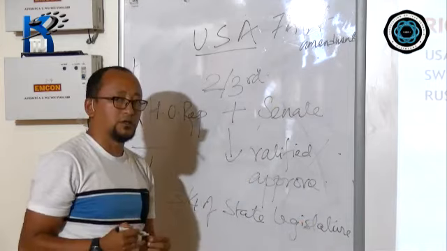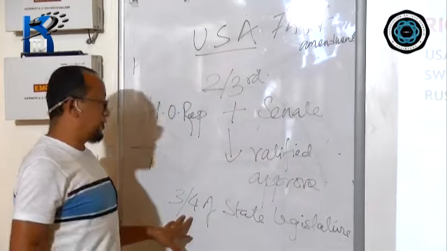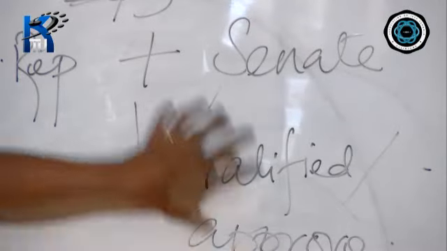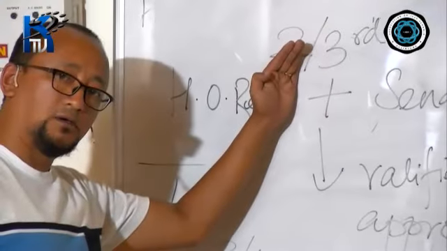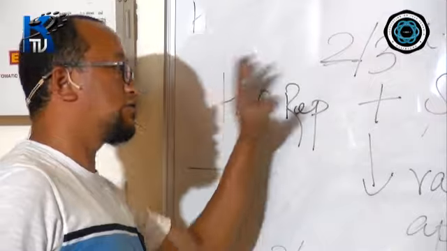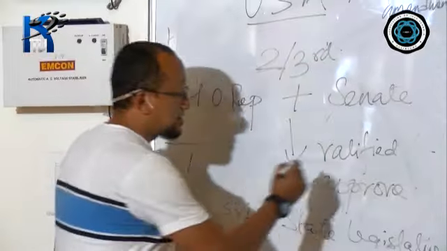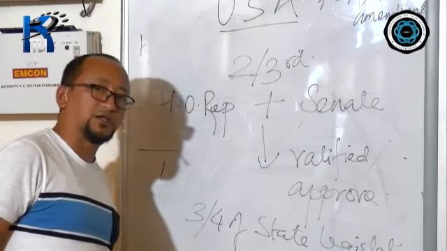Just to apprise you, the United States of America has 50 states, and 3/4 of the 50 states will have to approve. This is the ratification stage. First stage, they pass the resolution by 2/3. After it is done by the US Congress by the majority of 2/3, it has to be ratified by the majority of 3/4 of the state legislatures.